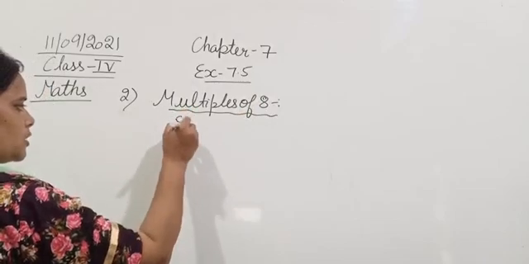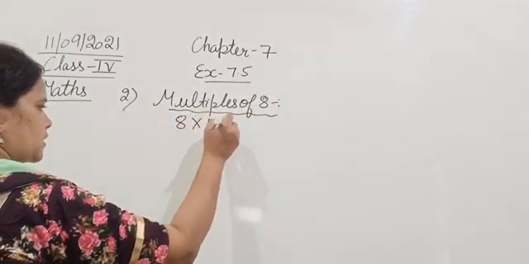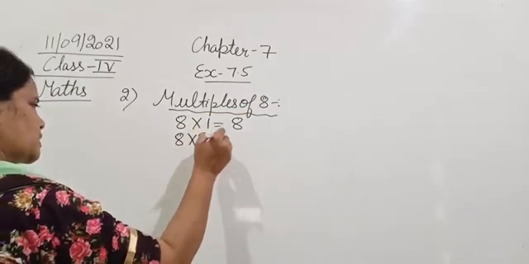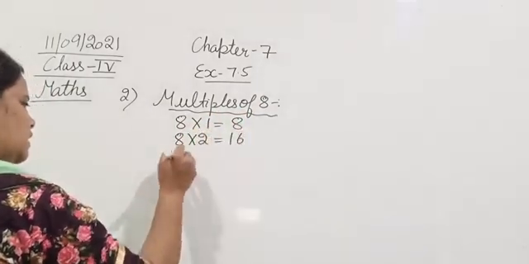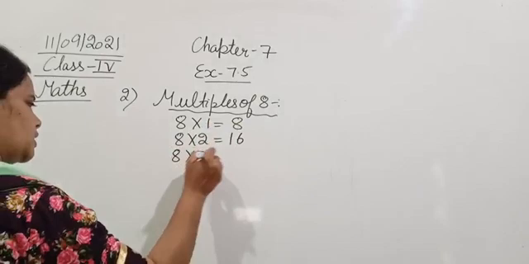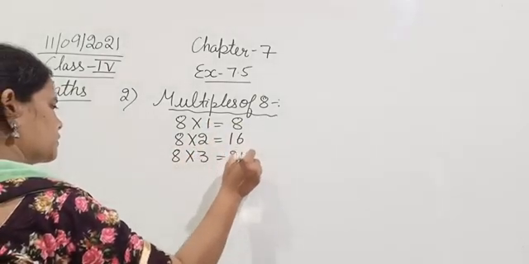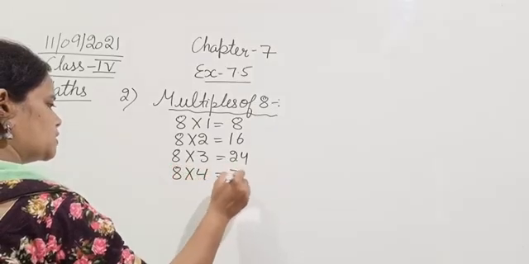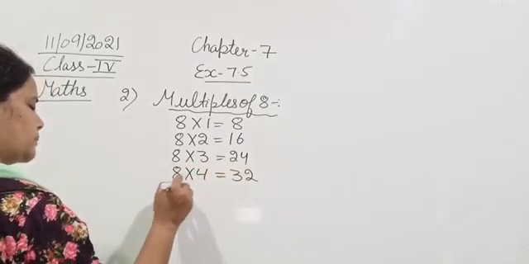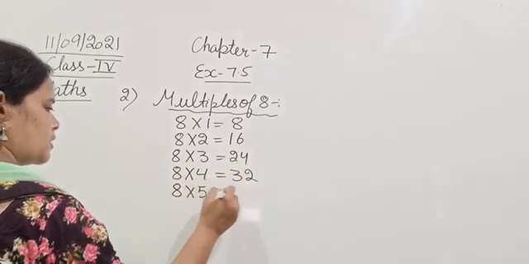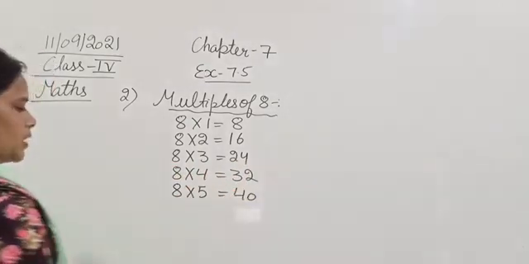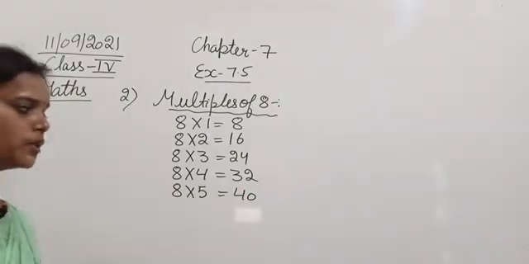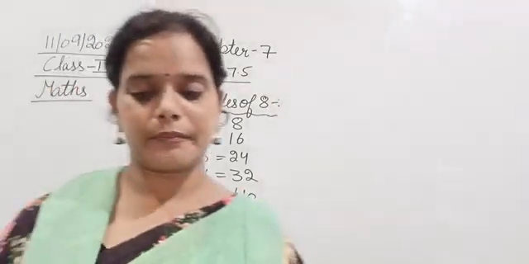Okay, so 8 multiplied by 1 is equal to 8. 8 multiplied by 2, 16. 8 multiplied by 3, 24. 8 multiplied by 4, 32. 8 multiplied by 5, 40.